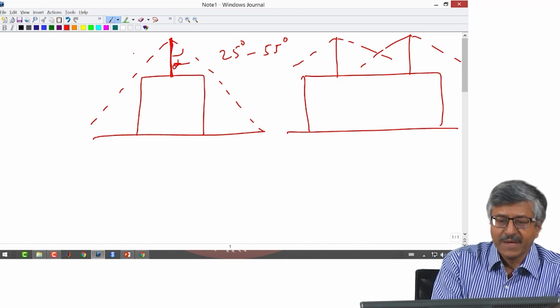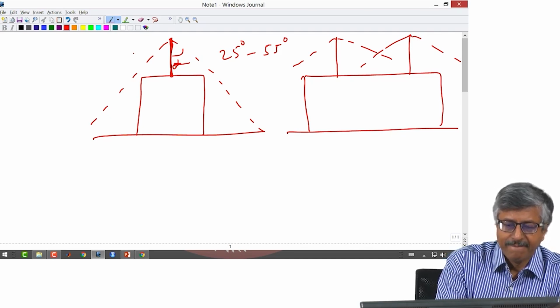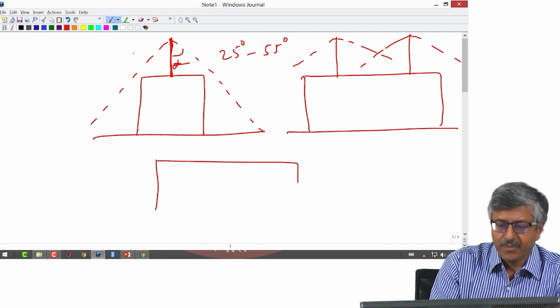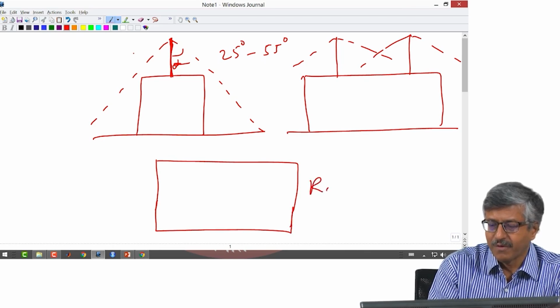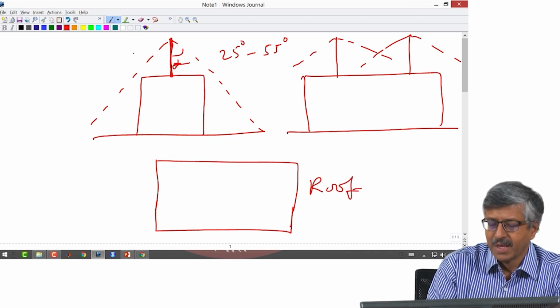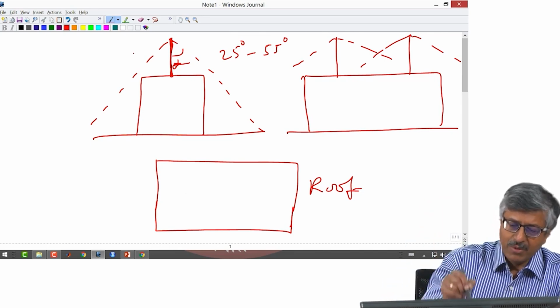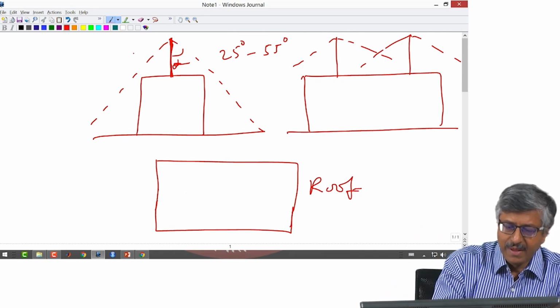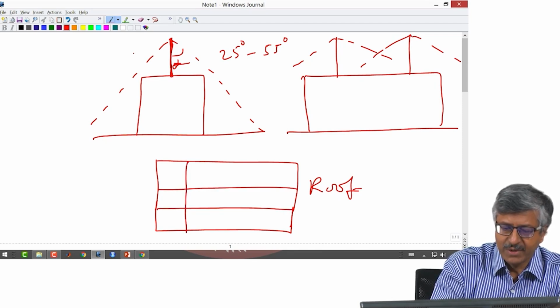Now, if you take the roof of the building, this is the roof of some building, then lightning is coming down, then the whole roof you can divide into several meshes.